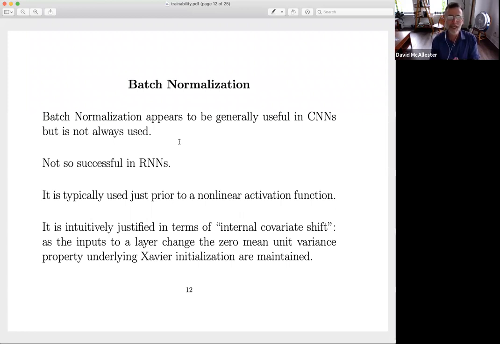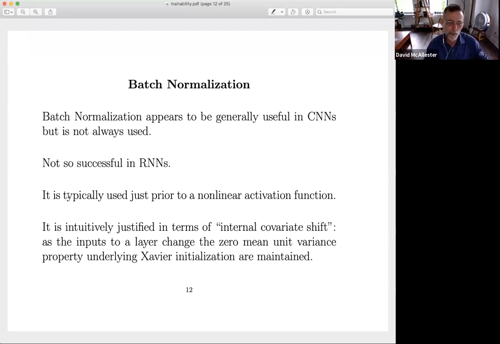So batch normalization is widely used in convolutional neural networks, and it's been quite successful there. We're going to talk about recurrent neural networks used in language later, and batch normalization has not appeared to be very useful there. So it does seem specific to vision architectures.